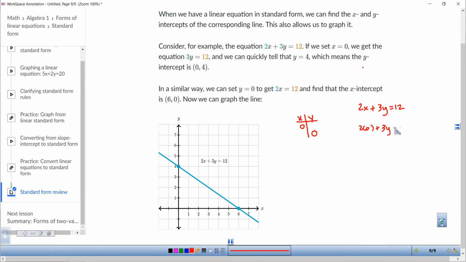I'm just repeating the process I already described, but now I'm writing it down. That cancels, and then I get 3y is 12, and dividing both sides by 3, I get y equals 4. So that's that point right there. Again, that is my y-intercept, my little b. Then I'm going to go back to the same equation, and this time I'm going to put in 0 for y.